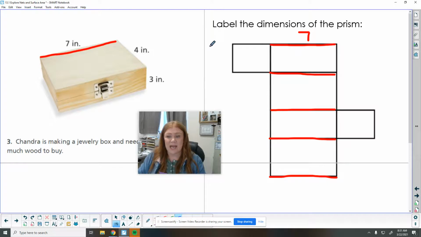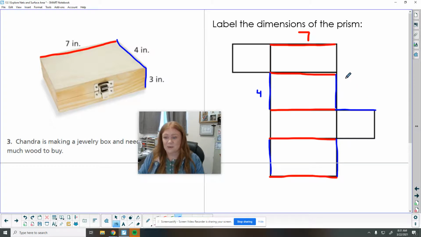Now let's look at our width. Here we have 4. We can see this is shorter, this is longer, shorter, longer. And the other measurement we know is 3. So we're going to label these longer pieces as 4. Anytime I have this longer piece, it's worth 4.